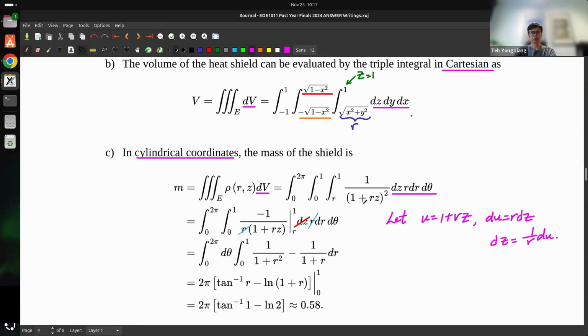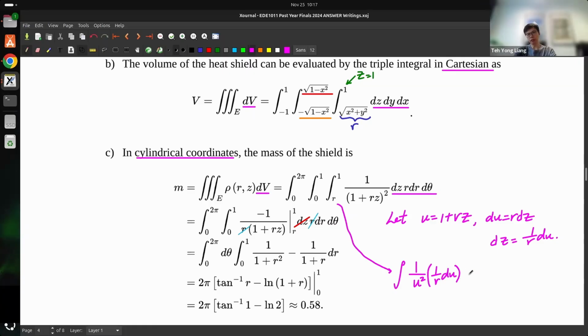Correct or not? So the innermost integral becomes, let's forget about the limits first, 1 over u square. Then what's the dz? 1 over r du. Is that right?